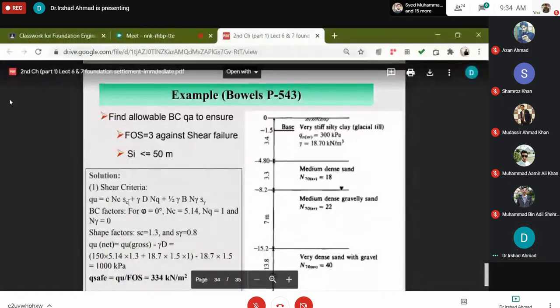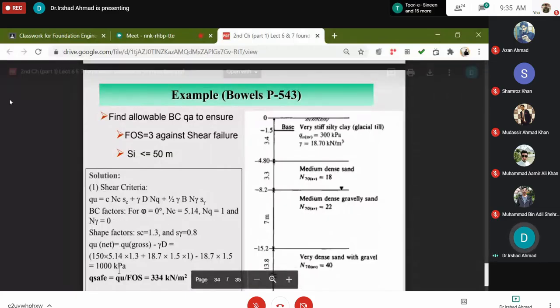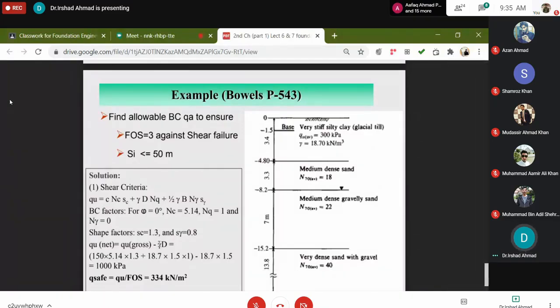You see N gamma is 0. So this is 1000 kPa. qu net is 1000 kPa. Divided by factor of safety, it is 334 kilonewton per meter square. It means that if you apply a net pressure of 334 kPa on the foundation, there would be no shear failure of the soil.